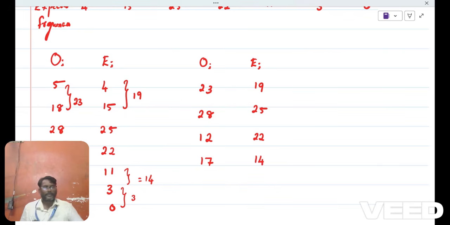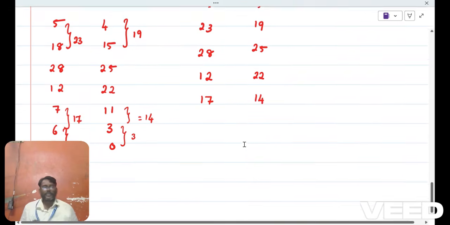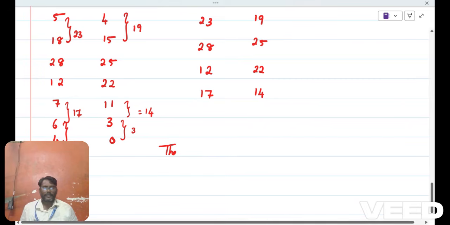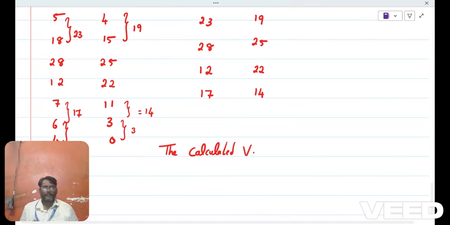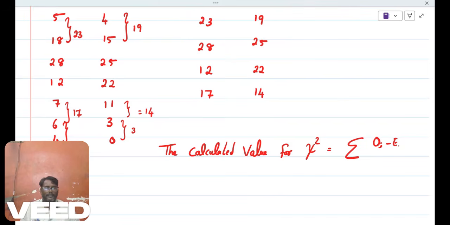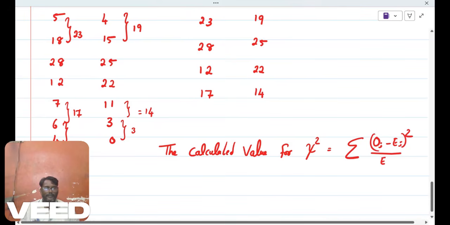Next, to apply the chi-square test, the calculated value for chi-square is the summation of (Oi minus Ei) the whole squared divided by Ei.